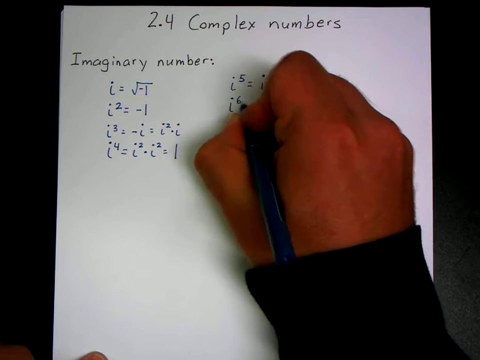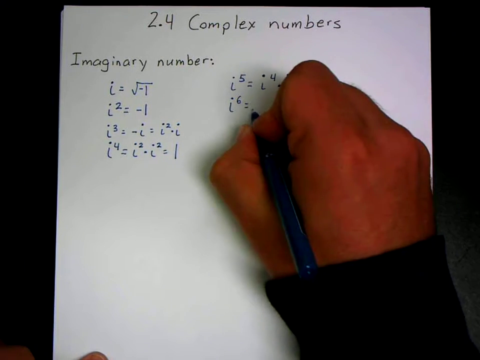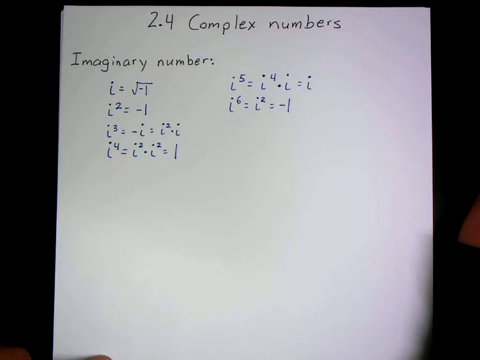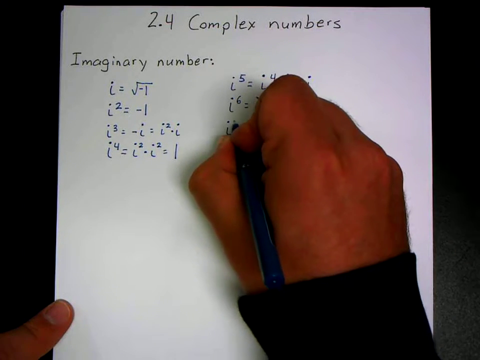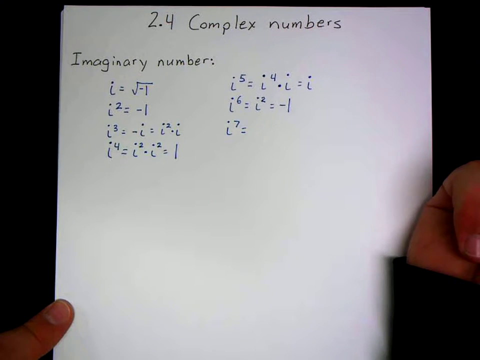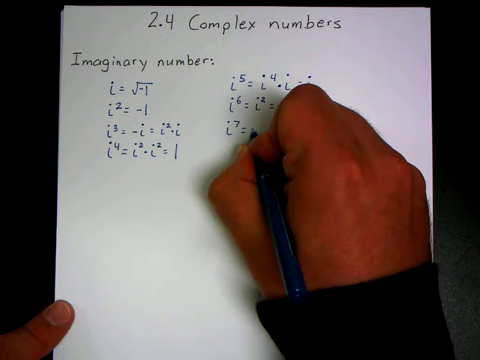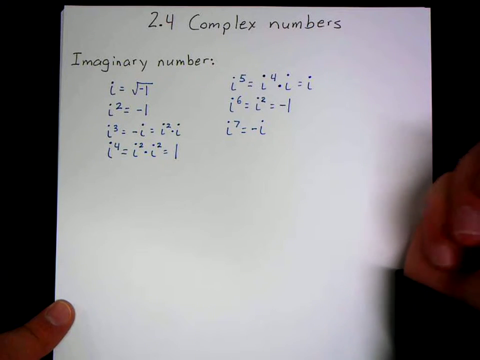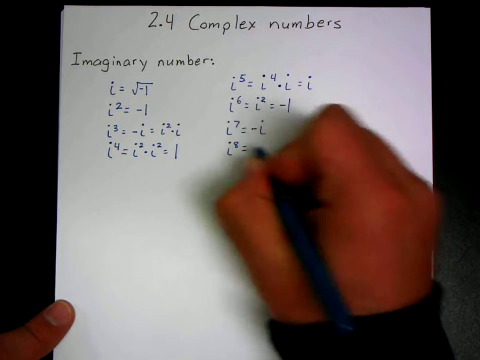So i to the sixth would be i squared, because you can take out an i to the fourth. So i to the seventh, -i. It'd be the same as i cubed, because you take out 4. And then i to the eighth would be 1.